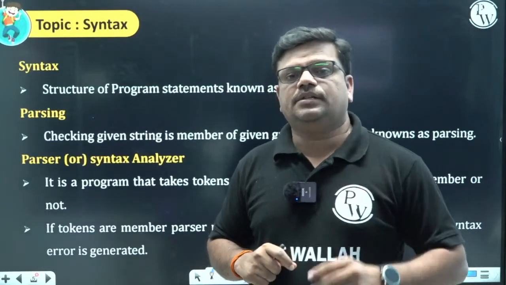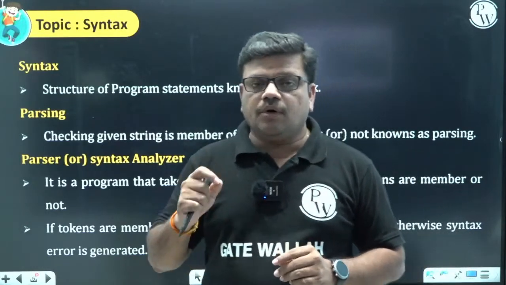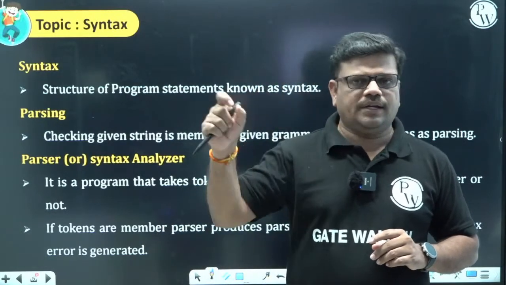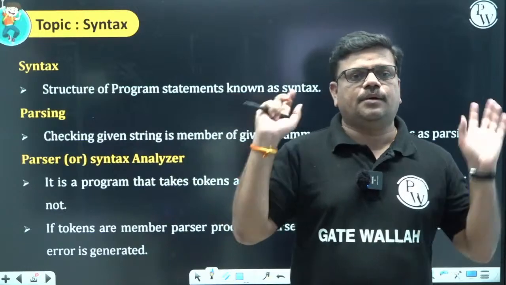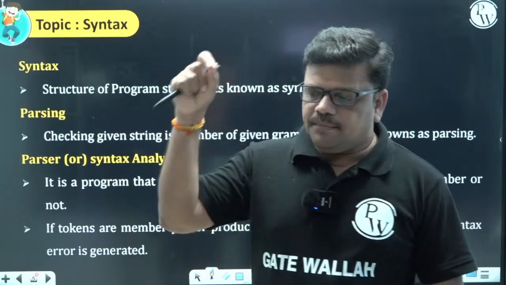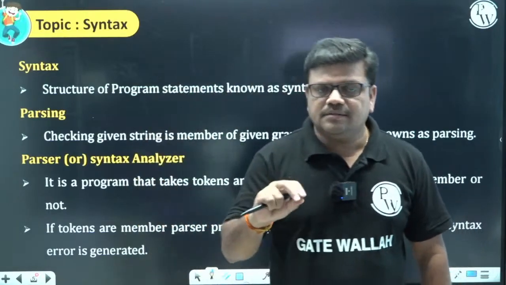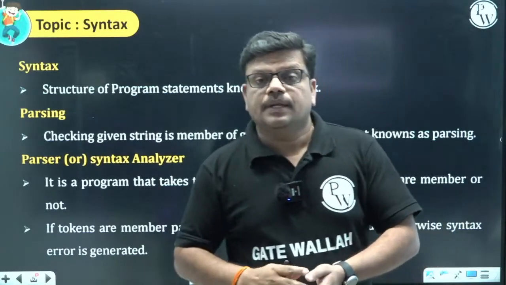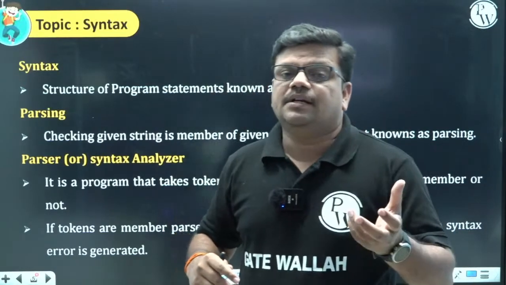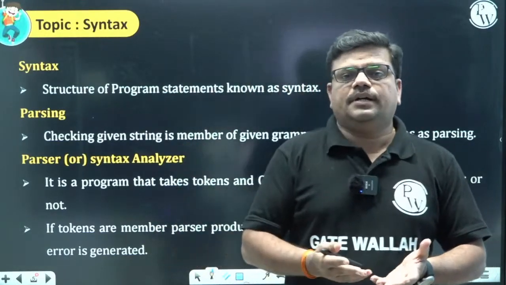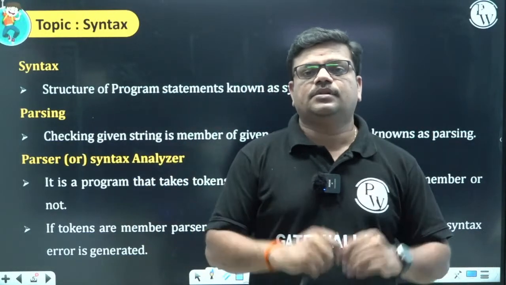Whenever we say parsing, it is just one string and one grammar: is the string a member of the grammar or not, that is, is the string generated from the given grammar. Parsing is a very small concept, but to do it efficiently, and to make a program for it, these many types of algorithms come into the picture.